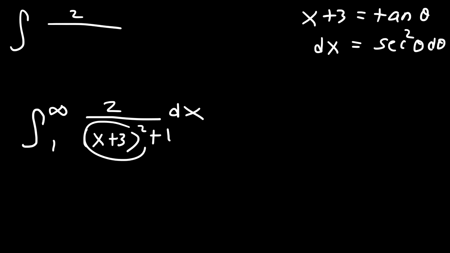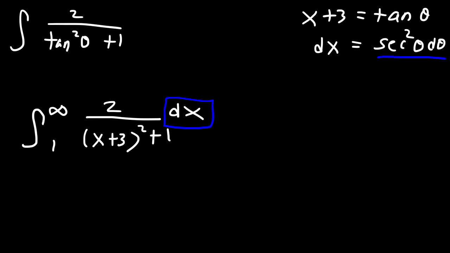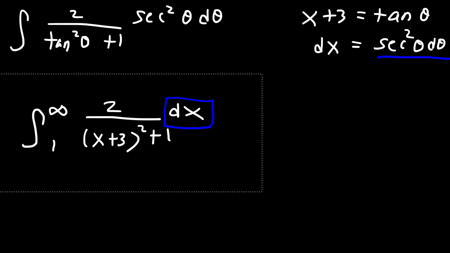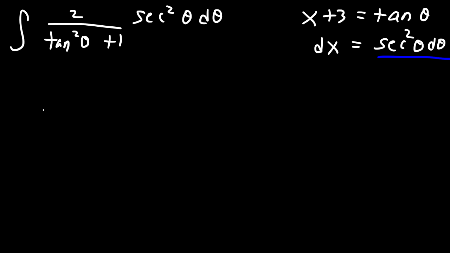So let's replace x plus 3 with tangent. So this is going to be tangent squared. And let's replace dx with secant squared theta d theta. One plus tan squared is equal to secant squared.